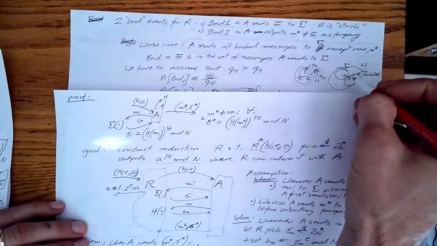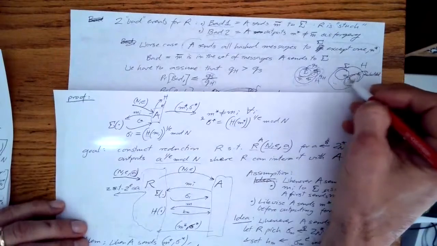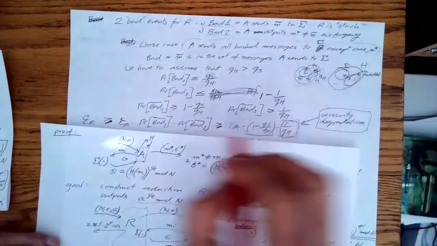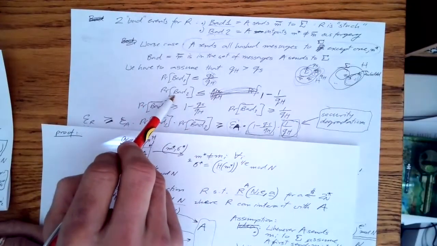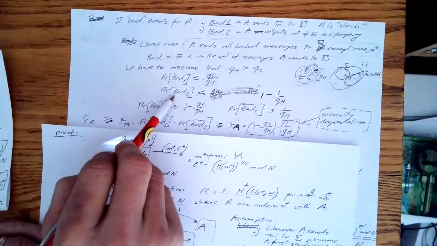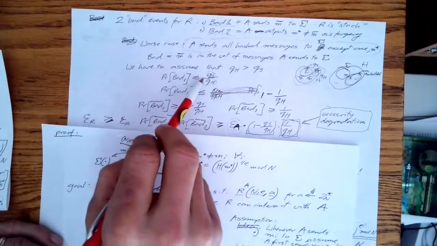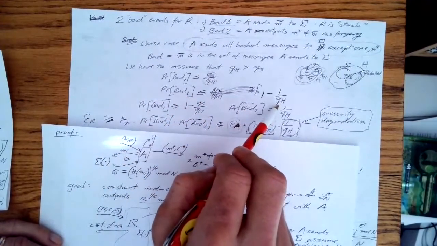Then I just adjust this parameter so that these two probabilities have roughly equal sizes, rather than being so unbalanced as in here.